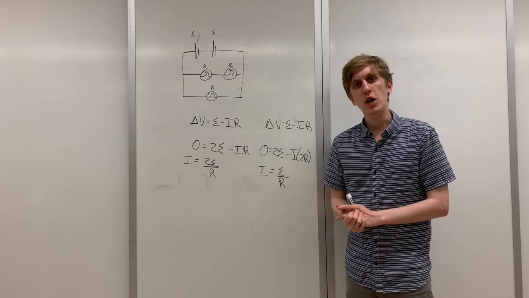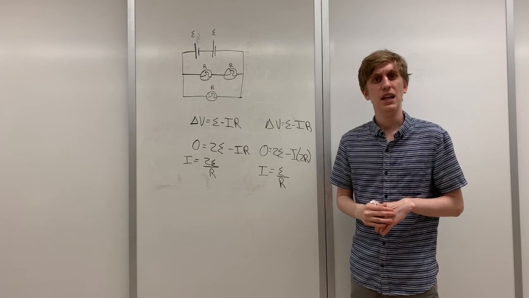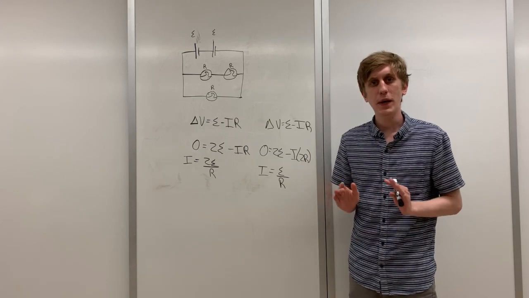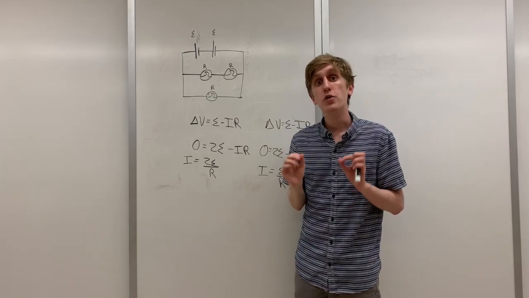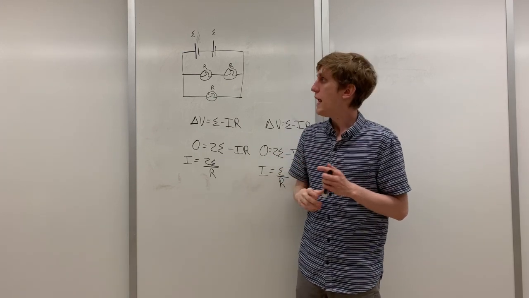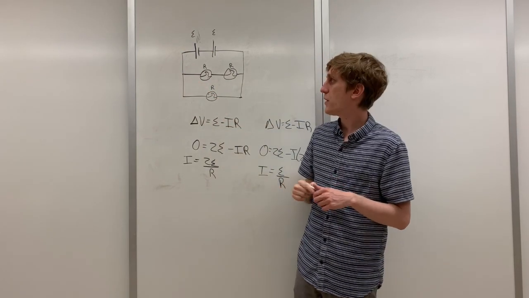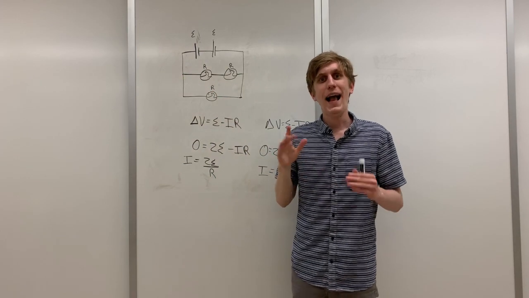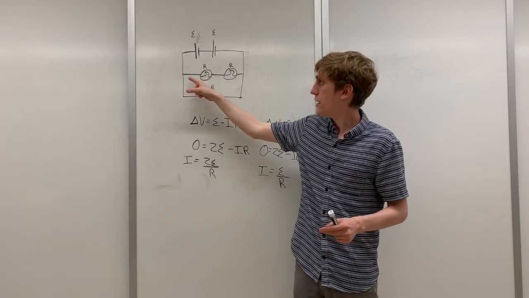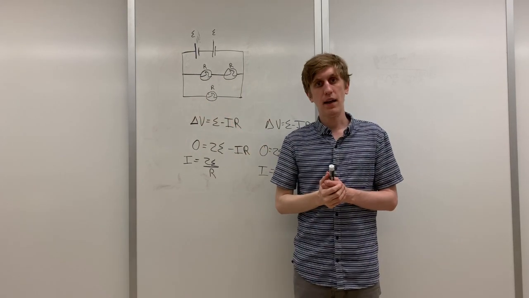Now we also might want to know what the total current flowing through the system is. It turns out this is extremely straightforward. We've actually already found this. Remember the junction rule. If we apply the junction rule to this point, it tells us that the current flowing down into this junction has to be equal to the current flowing through this path plus the current flowing through that path.